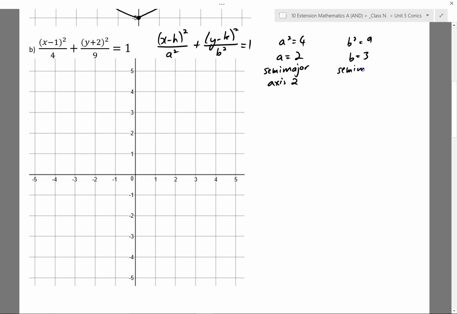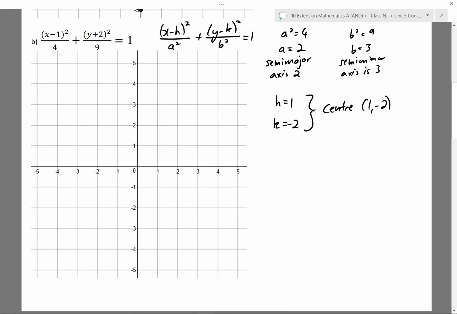So my semi-minor axis will be 3. Vertically, I see I'm subtracting 1 here, so my h value is 1. I see I'm adding 2 here, so my k value must have been -2, which means I've got a center of (1, -2).